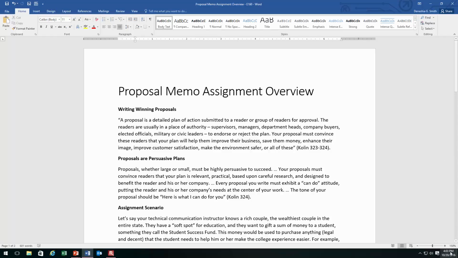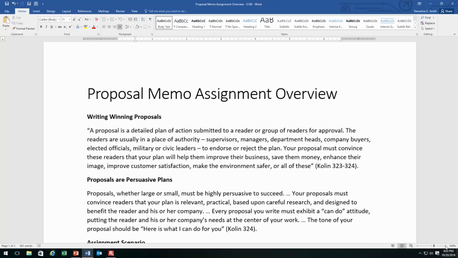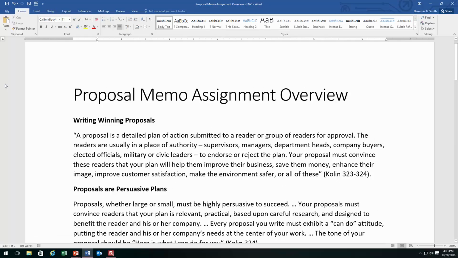Let's take a look at the assignment overview, and this is on D2L. At the beginning of this assignment overview, I recap some of what was in the textbook, writing winning proposals, around pages 323 to 324, and talking about how proposals are persuasive plans. A proposal is a detailed plan of action submitted to a reader or group of readers for approval. So in creating this assignment, you're communicating and you're seeking approval.